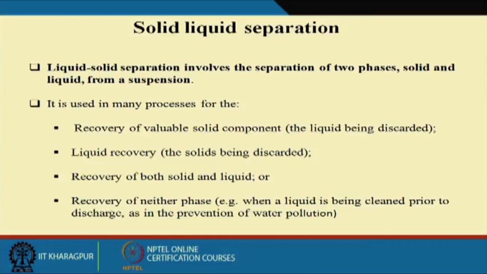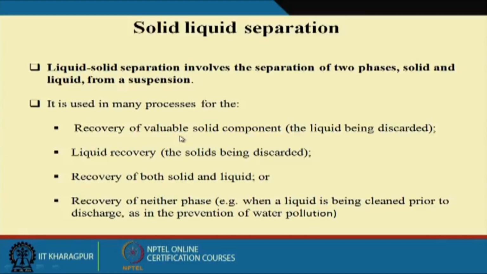It may be chemicals, it may be organics. So it is used in many processes for the recovery of valuable solid components, liquid being discarded, or liquid recovered, solid being discarded. I can give typical examples.